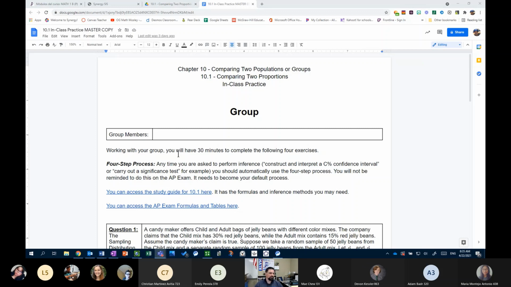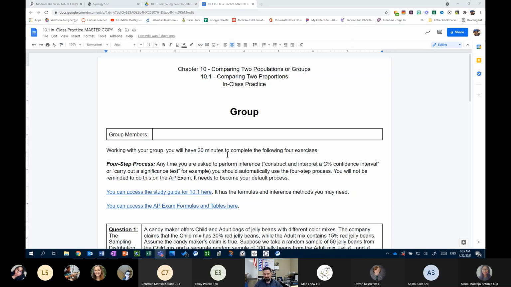Now, with that being said, 30 minutes may or may not be enough time for you to actually finish all 4 of the exercises. Some of these problems are starting to take more time because they have 4 steps, different things that you're doing, so they're a little more time consuming than your standard calculate this math problem.